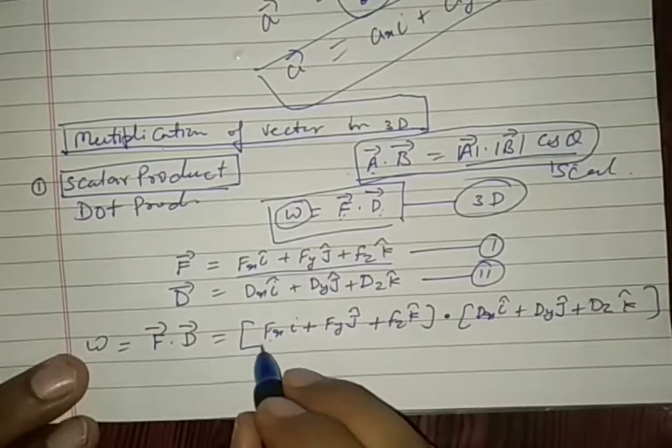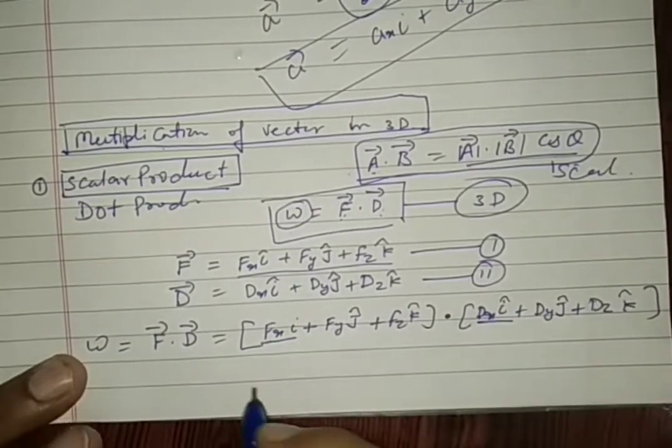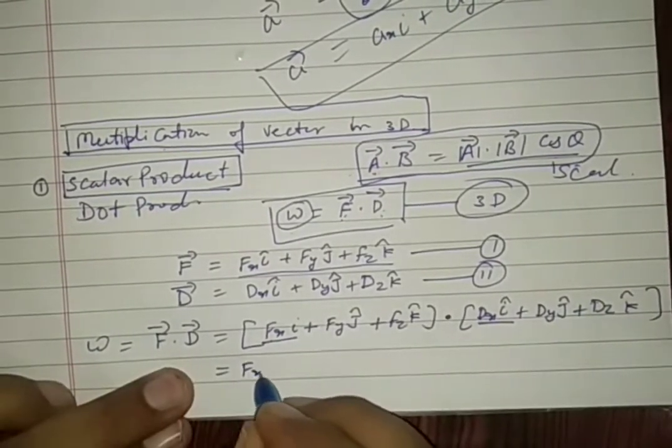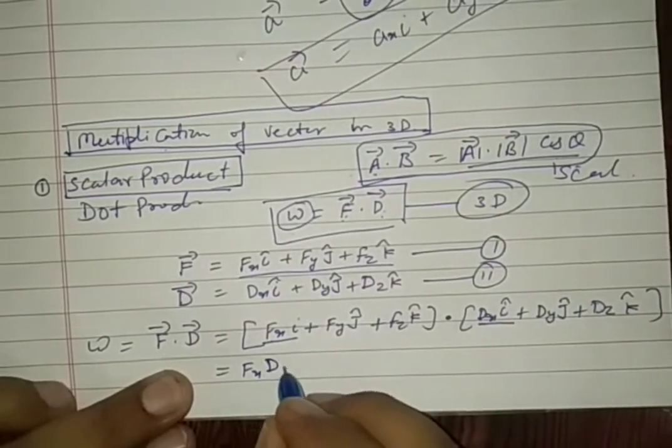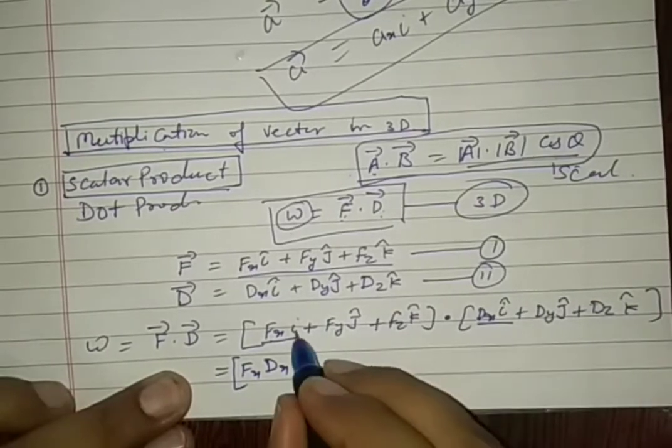So when we multiply, it becomes fx dx i dot i.